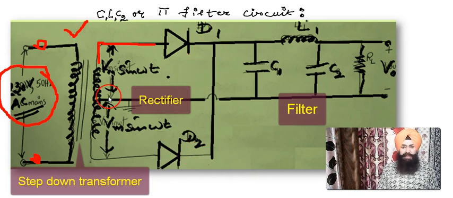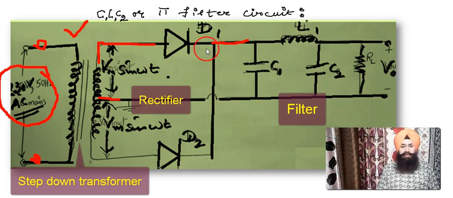This is central tapping, because it is from the center of the secondary, and it is also at earth potential. The output is taken across this grounded line and this line.